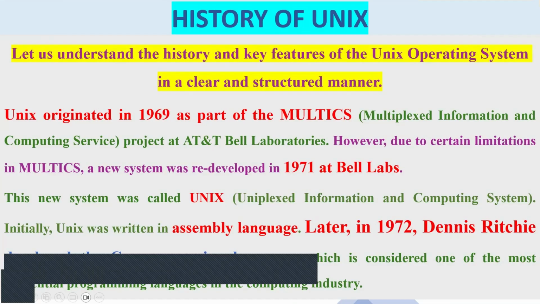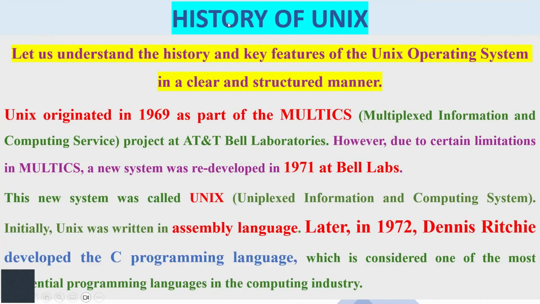Multics, which is the Multiplexed Information and Computing Service project at AT&T Bell Laboratories. Multics was an ambitious system designed for multi-user computing, but it faced several limitations such as complexity and performance issues.